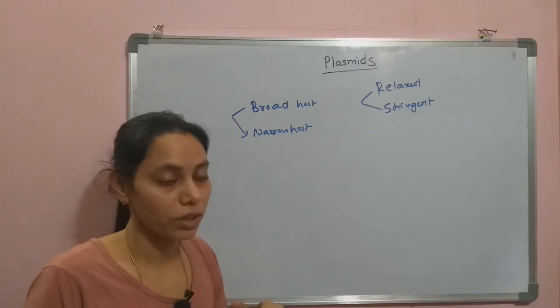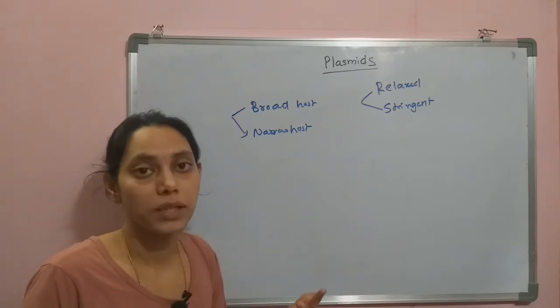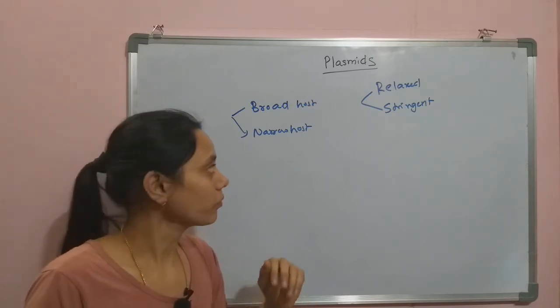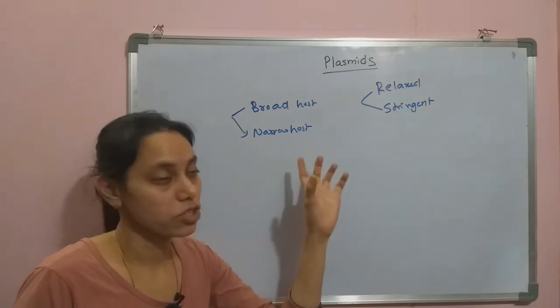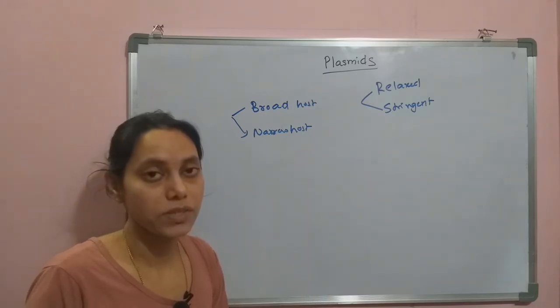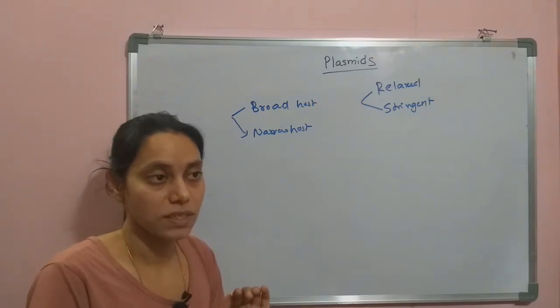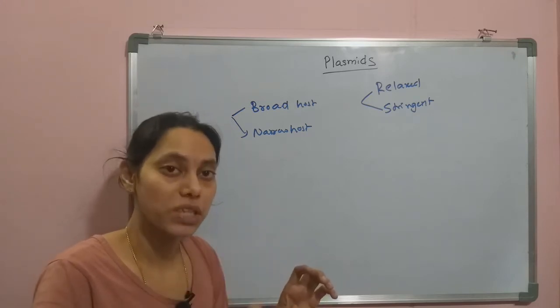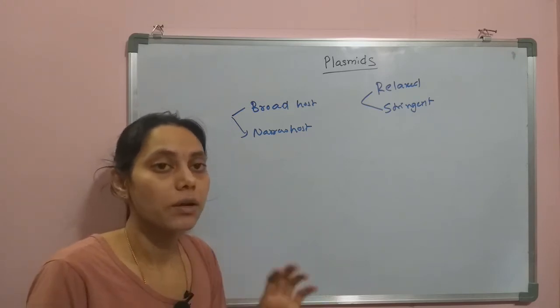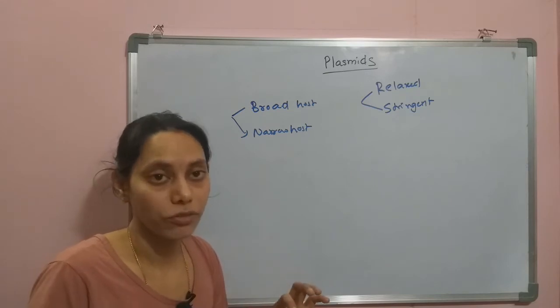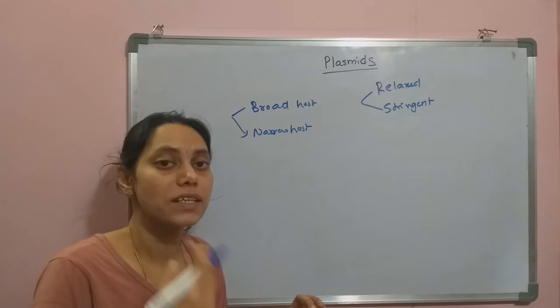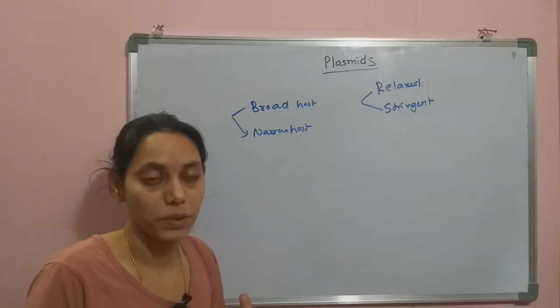Generally this will happen in hospital conditions where infections are more prevalent. Due to these broad host range plasmids, resistance genes against antibiotics will spread between the species, and there is a possibility of the production of more resistant species in the hospitals.